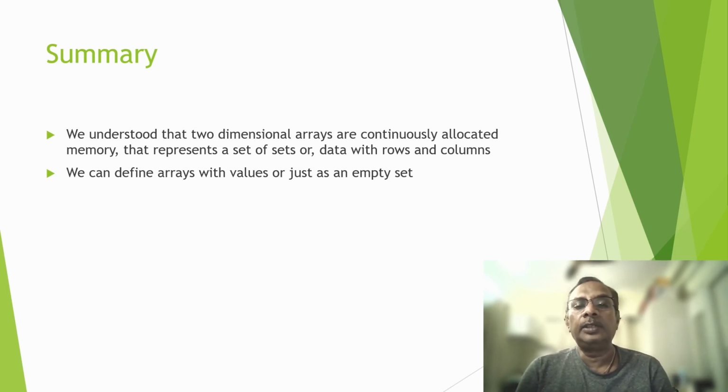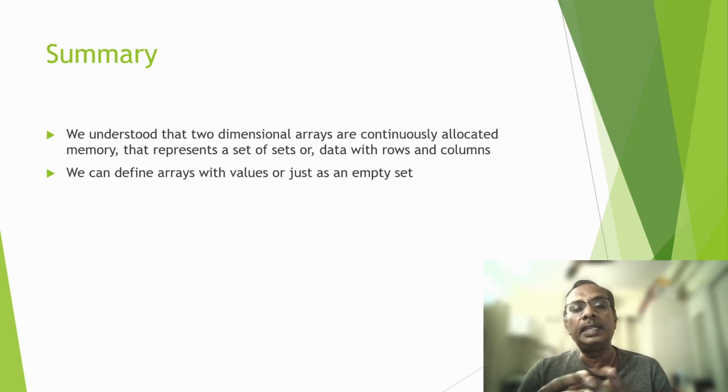With values we use square brackets for each row, and for each row the square bracket contains columns separated by commas, and each row, each set is also separated by comma, and each set is encapsulated by square brackets, and overall the array is separated by an outer square bracket.